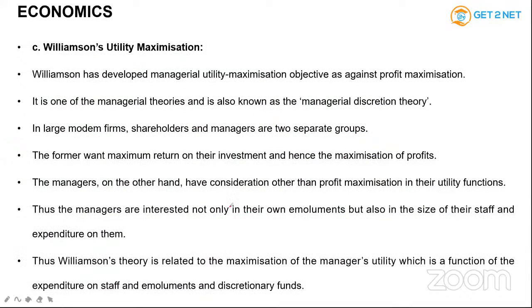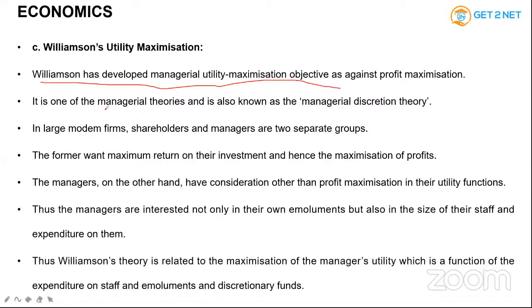Next is your utility maximization. What does utility mean, sir? When we do some work, utility, you can say satisfaction, a type of satisfaction; time utility means how much you have done within that specific time; place utility. So utility maximization is very very important. Who developed it? Williamson developed the managerial utility maximization objective as against your profit maximization.